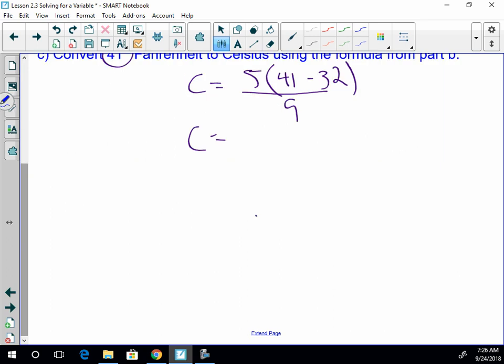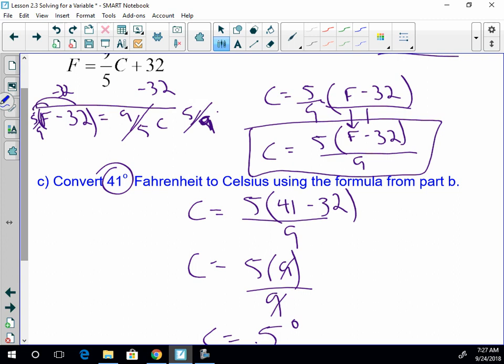See how this becomes a much easier problem to handle. Okay, 41 minus 32 is 9, so we get 5 times 9 over 9. And actually, if you take a look at this, the 9's cancel out. So we get C is equal to 5 degrees. Okay?